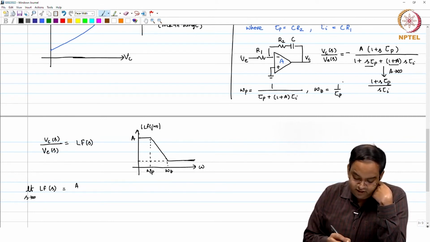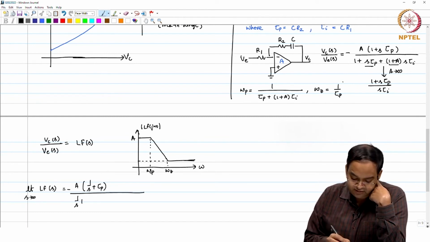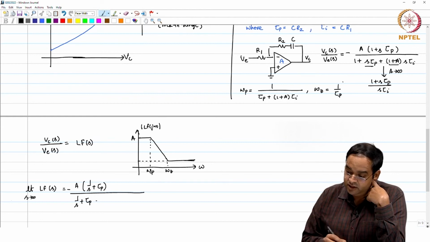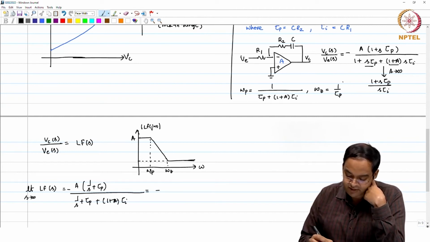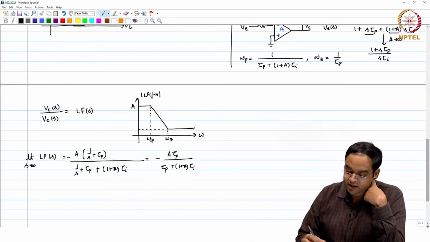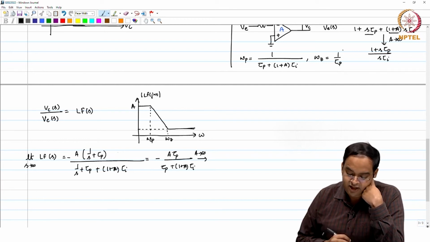Well, you can write it like this: minus 1 plus tau p divided by 1 by s plus tau p, plus 1 plus a times tau I. So, this happens to be minus a times tau p divided by tau p plus 1 plus a times tau I, and under the fact that a tends to infinity, this is nothing but tau p by tau I.